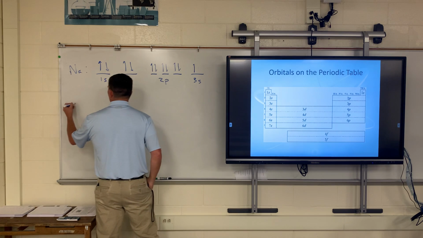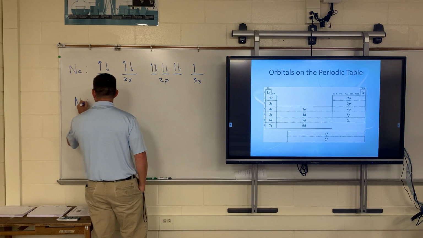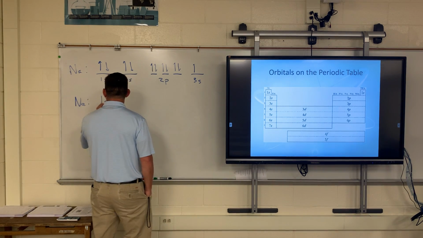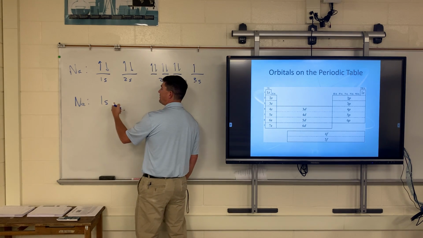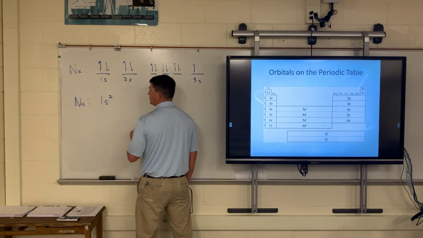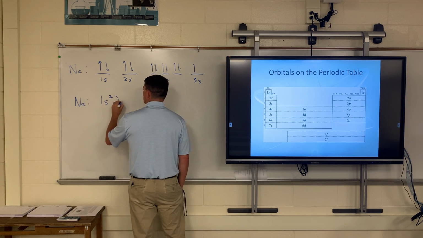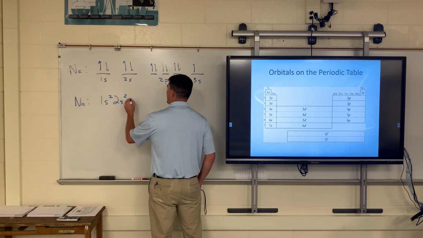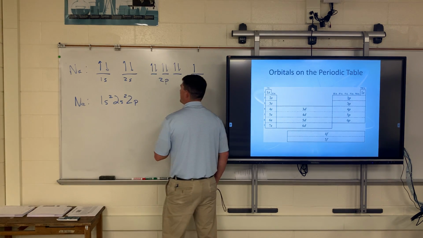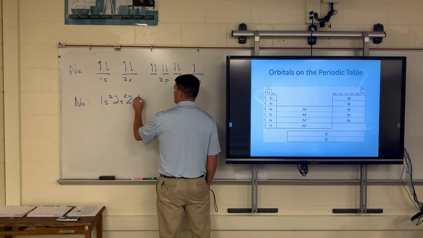So the electron configuration for sodium just looks like this, where we just simply say 1s, and then as an exponent or as a superscript, we say how many electrons are in that. So 2, okay? And then we have 2s, and there's 2 electrons in the 2s. And then we say 2p, and there is 6 electrons in the 2p.